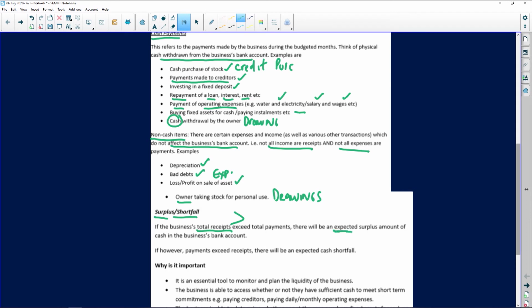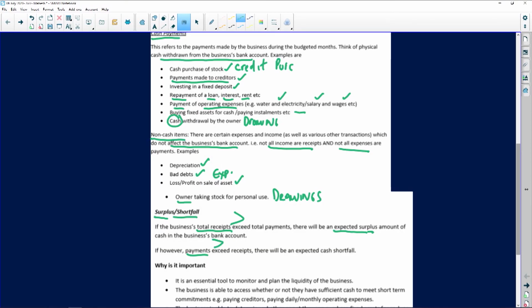Then we will expect a surplus amount of cash in our bank account. In other words, money is left over. Right, if however payments are more or greater than receipts, there will then be an expected shortfall of cash, or often what we call a cash deficit.